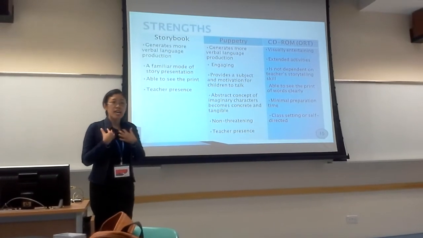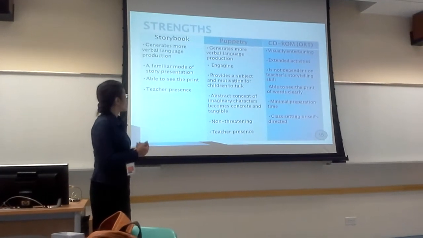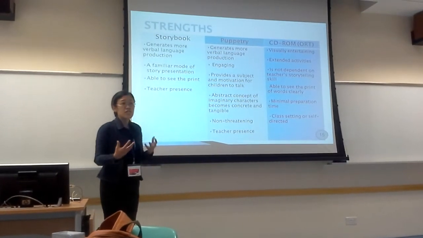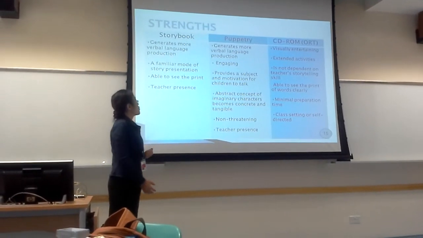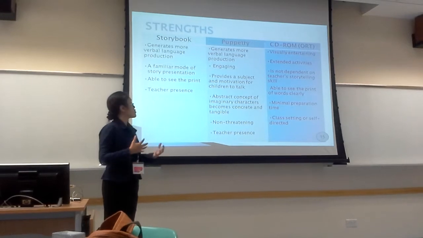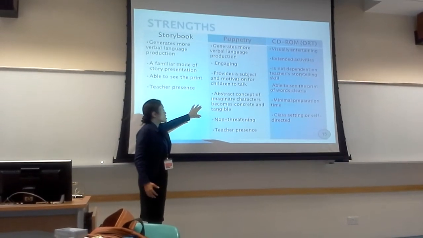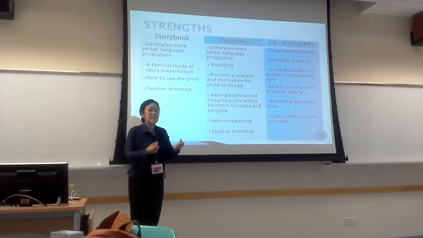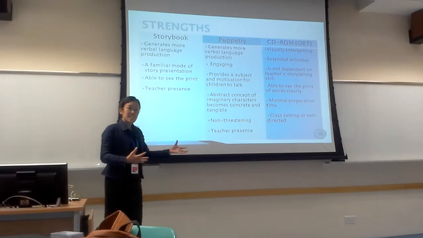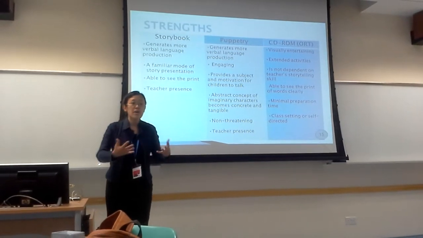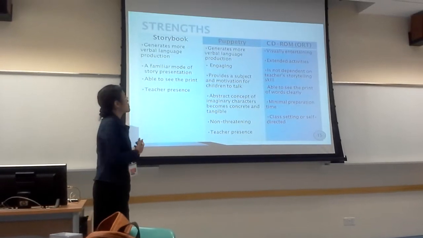And of course, the teacher is there and ensures a certain human touch, bonding, which young children need. And of course, puppetry is engaging and provides a subject and motivation for children to talk. And abstract concepts of imaginary characters become concrete. They get to touch, they get to see. And it's non-threatening. Children want to talk to the puppet, they want to interact with them. And of course, the teacher is there.